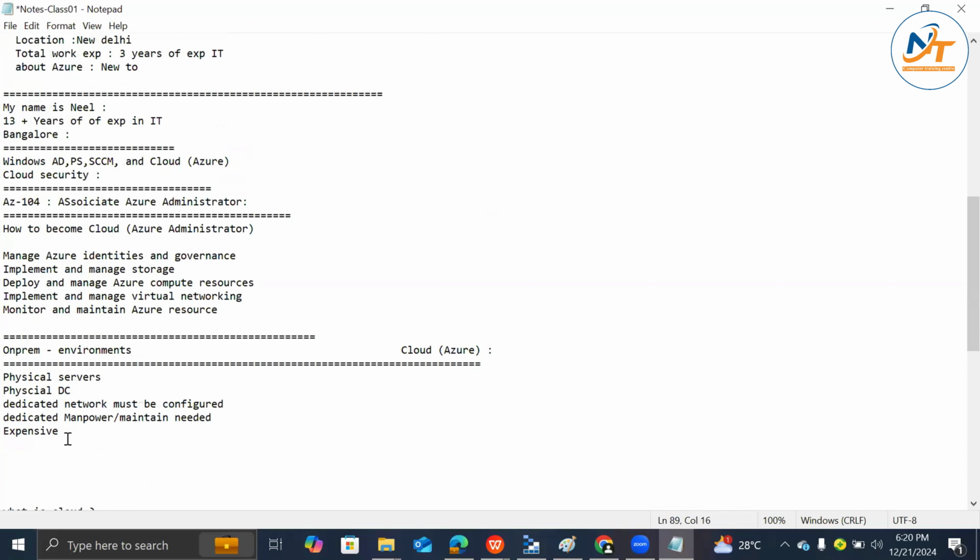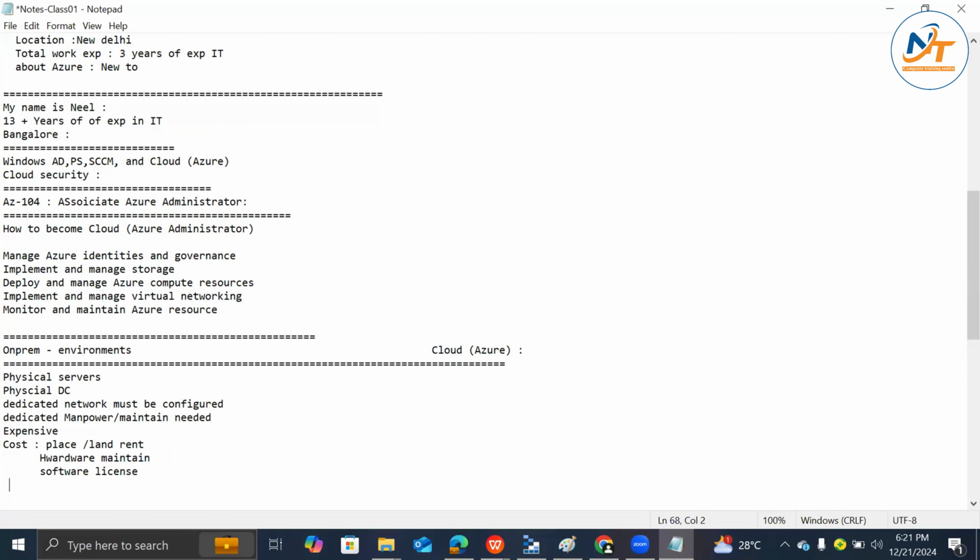But now Microsoft has suggested the cloud. Obviously, when you talk about the overall expense at the month end or year end, what is the cost we are spending on this environment? Cost means we need to consider your place or land rent, the hardware maintenance, and the software license.